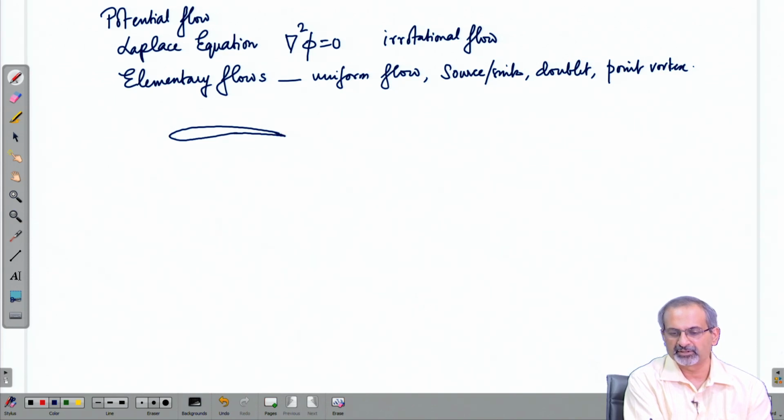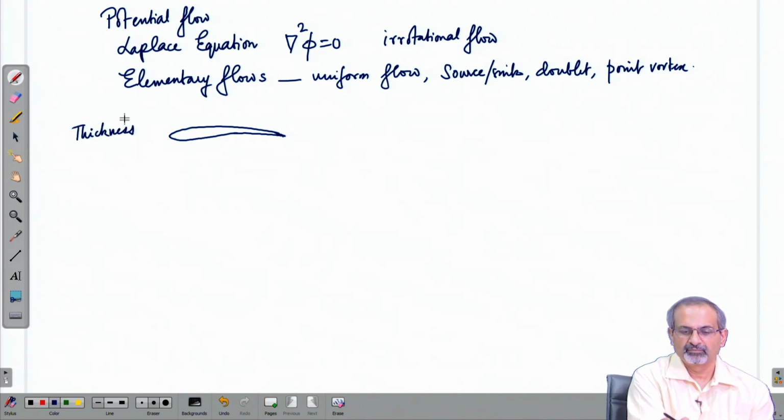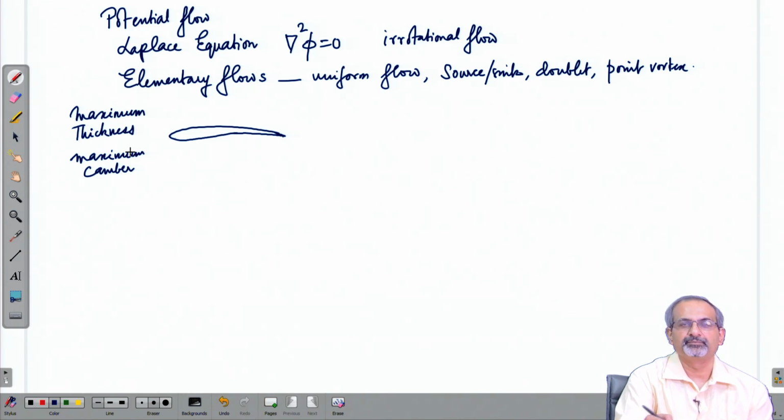We do not have much control over the shape of the airfoil. It can have an arbitrary maximum thickness, maximum camber, and the angle of attack may also be varying over a wide range, etc.